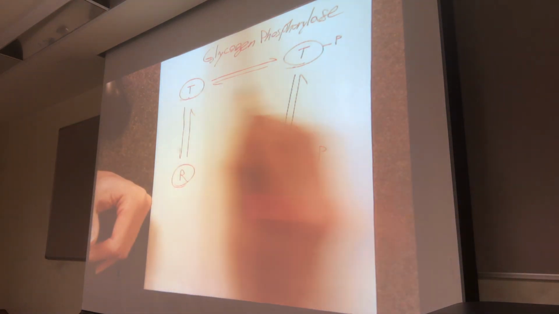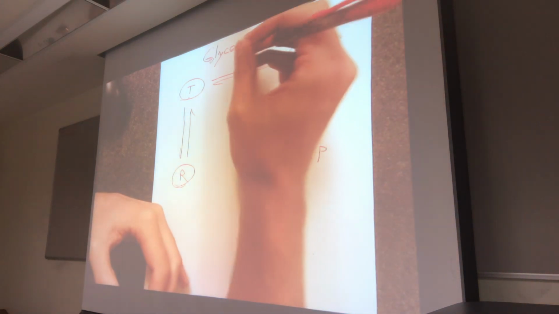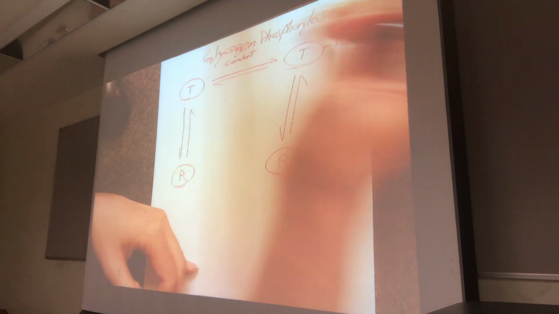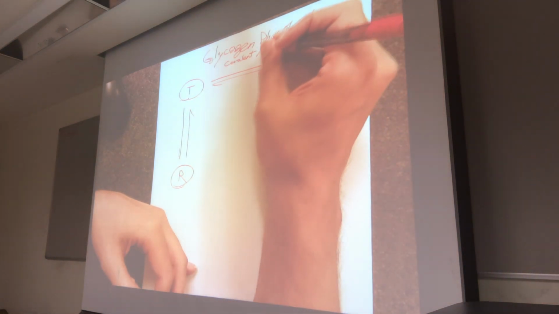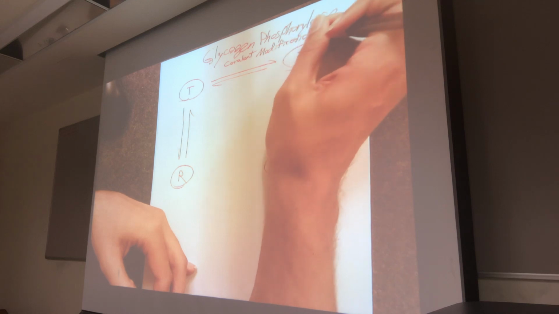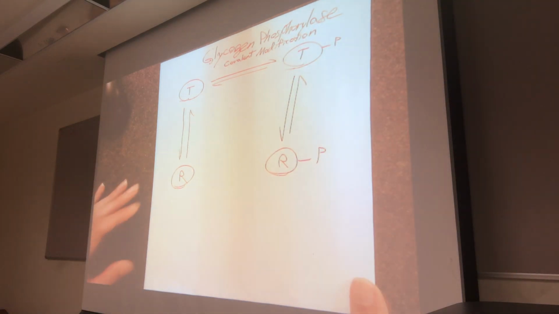The horizontal part of this diagram is describing how this enzyme is regulated via covalent modification, which is the simpler one to understand, because all covalent modification means is that you're covalently attaching or removing something from this enzyme.